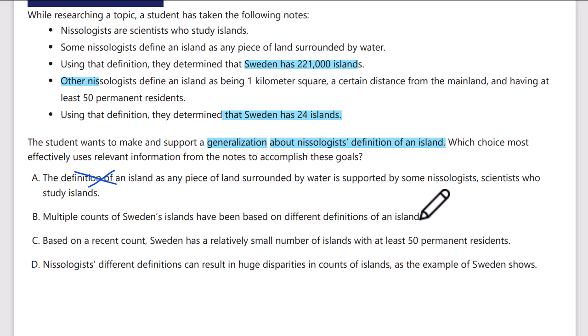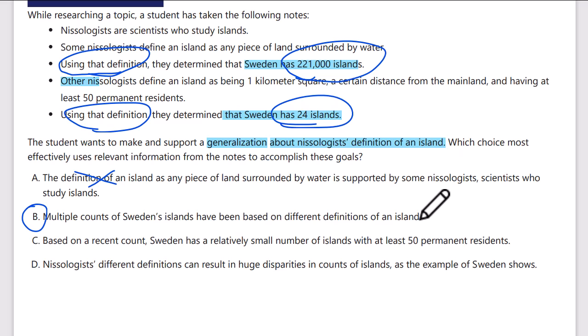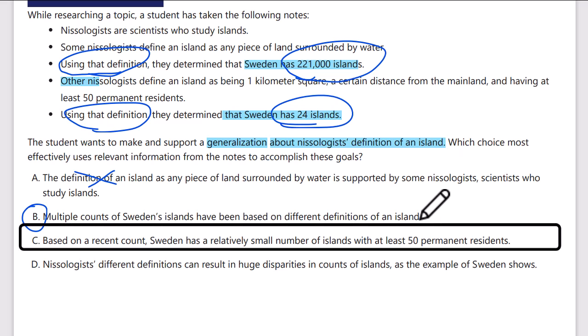We have examples of different counts for the same country based on different definitions. That's the correct generalization from the bullet points. Based on a recent count, Sweden has a relatively small number of islands with at least 50 permanent residents. That says nothing about the two different counts and the generalization of the definitions. So that's only one of the bullet points and not the correct one.